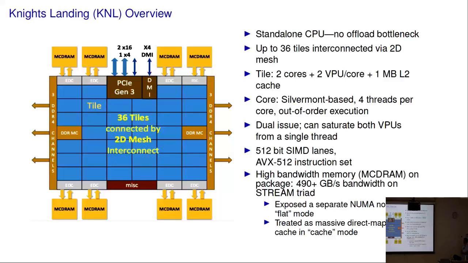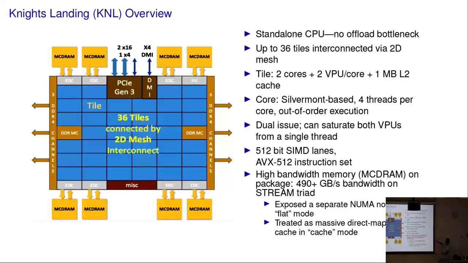Knights Landing is, well, it's an orphaned processor because the third generation Knights Landing was canceled. But this is still a relevant thing to talk about because, one, we're actually stuck with Knights Landing supercomputers that we're going to be using for the next couple of years because we're not getting an upgrade till then. So it's still useful to know how to do it.